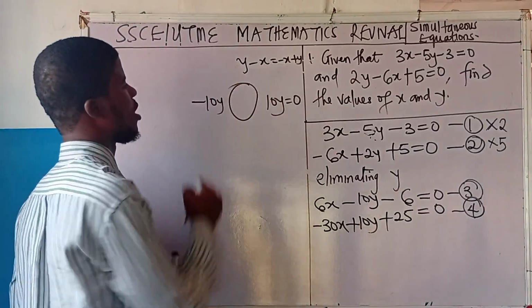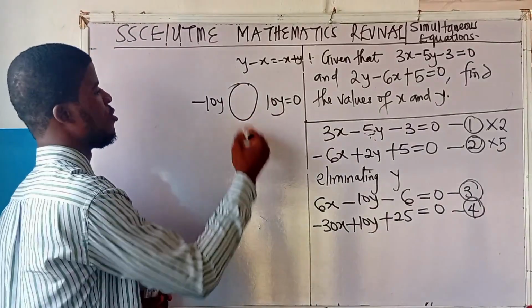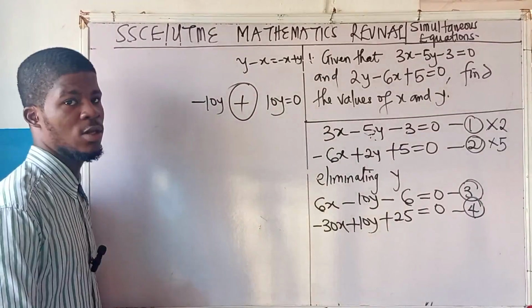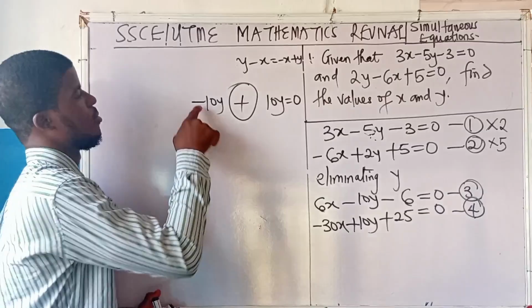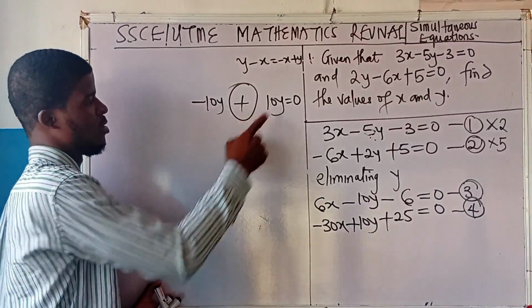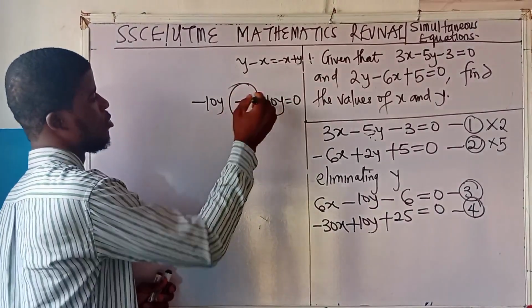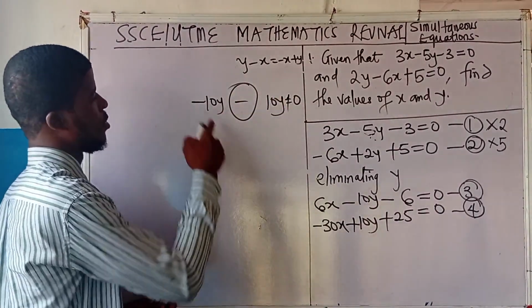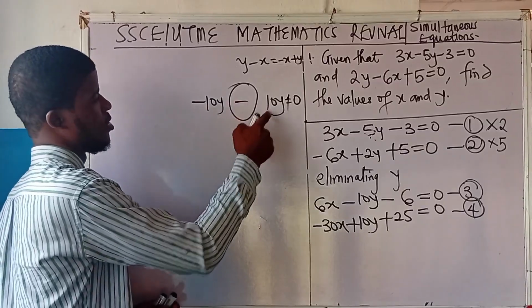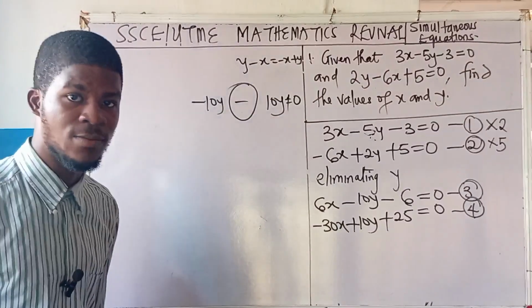What sign will I introduce at the middle for them to give me 0? It's going to be a plus, right? Because minus 10 plus 10 is 0. But if I had used the minus, I would not get 0, because minus 10 minus 10 is minus 20.